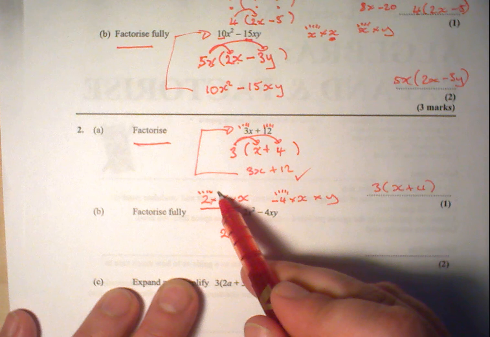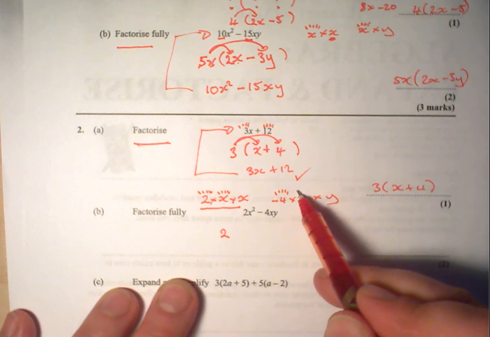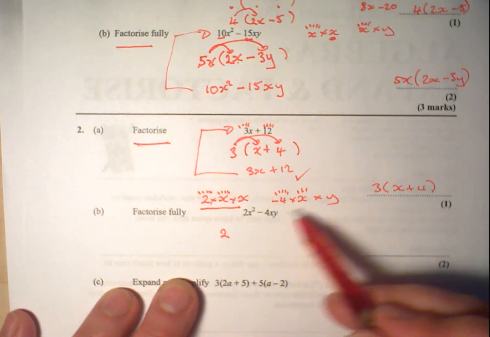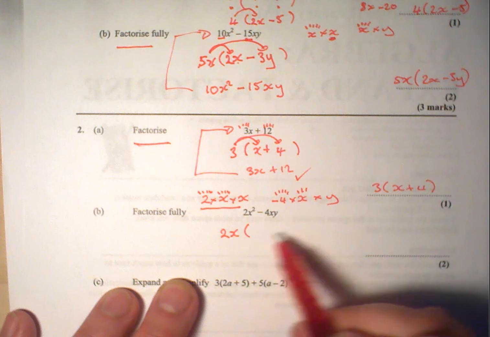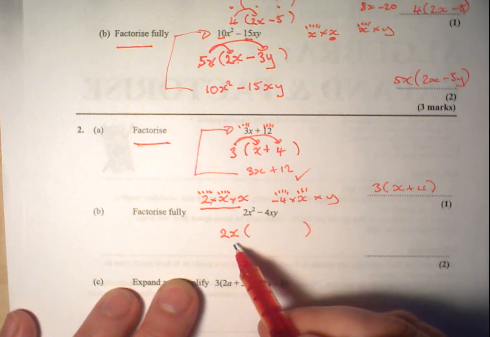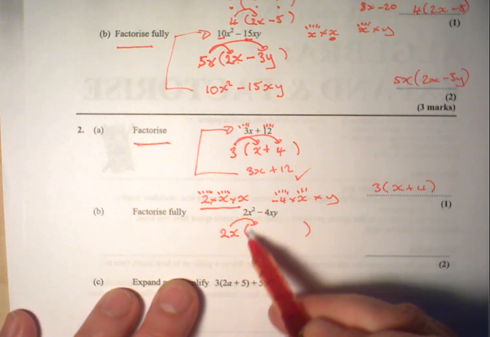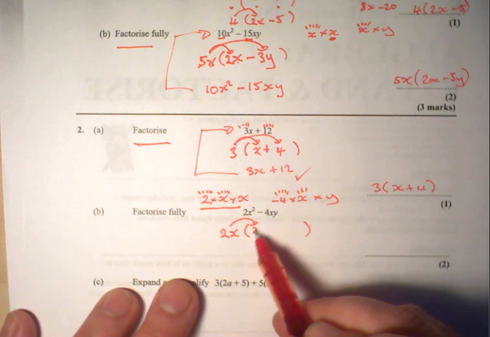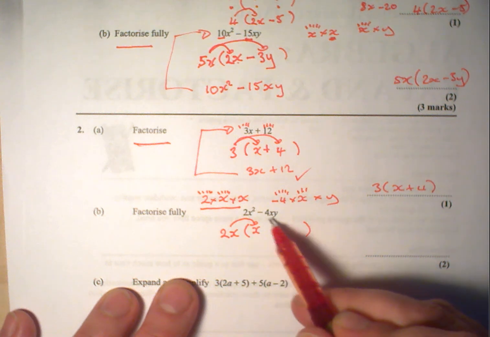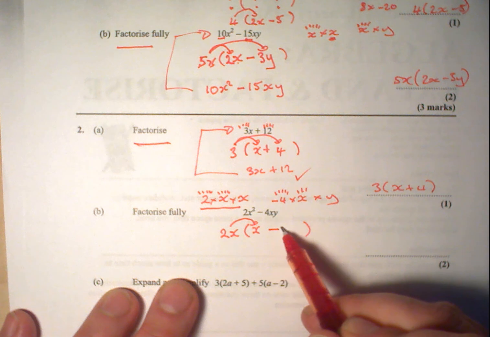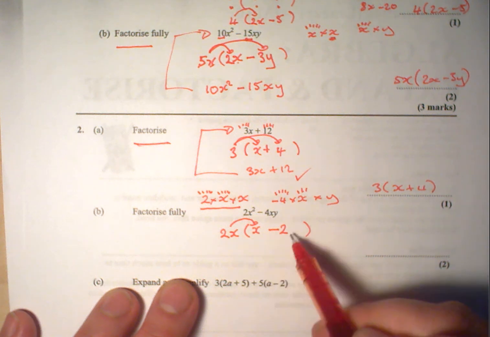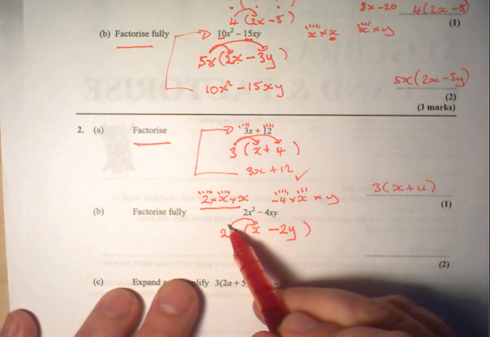And what's common in the letters is there's an x in both, so that x is common. Now I'm going to ask myself, what do I multiply to give me 2x squared? Well, I want x squared, so I need another x. And to get minus 4, this is going to have to be minus 2. And you can see what's missing here is a y, so I need a y here.